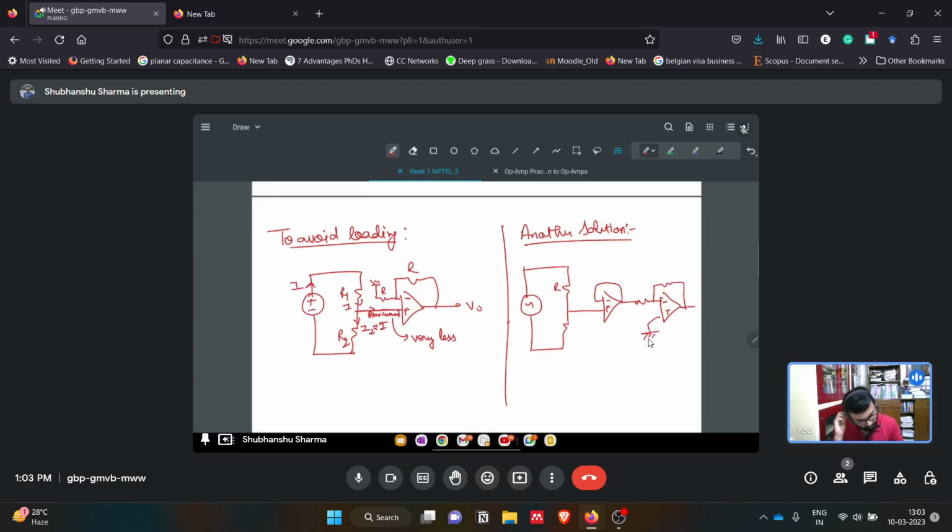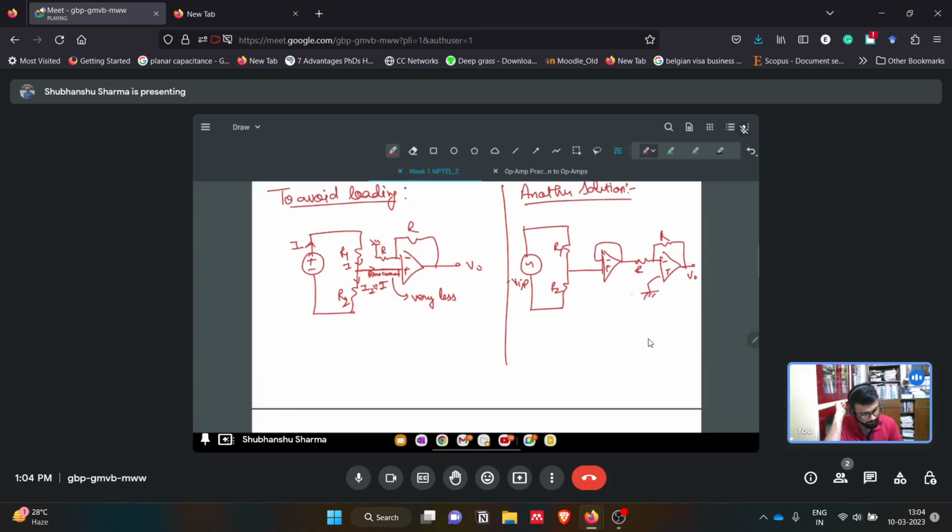So this is R1, this is R2, this is V input, and we have a buffer here, R. This is V output. In this case, this buffer is avoiding the loading effect.